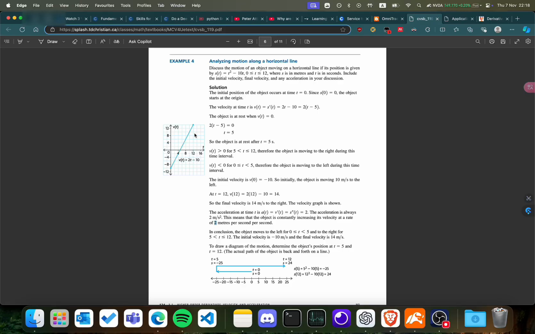And if you wonder how much distance this object has traveled, you can do an integration of this velocity, integrating v(t) with respect to time. That is how much work this velocity has done along the time.